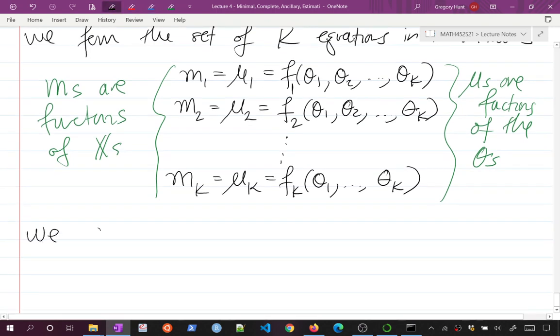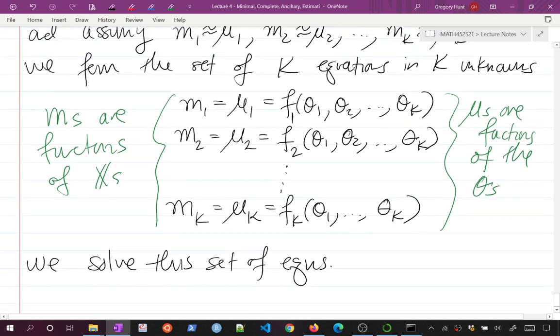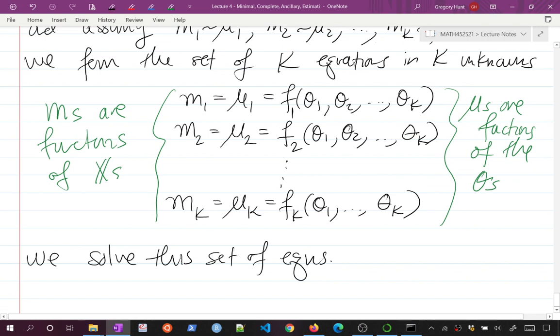And then we solve this set of equations. All right, the set of k equations and k unknowns.